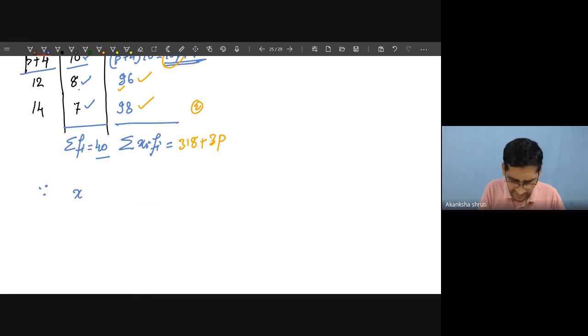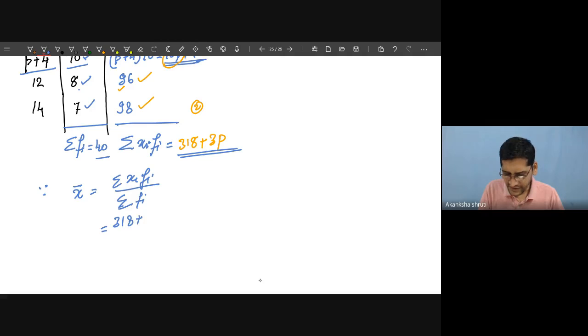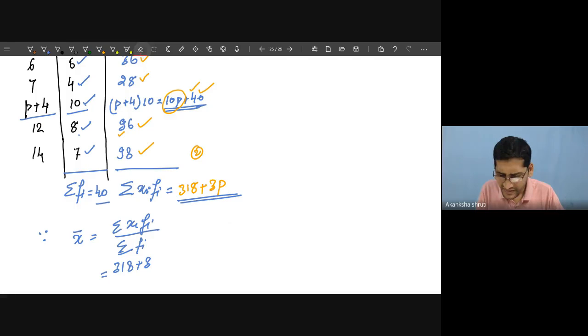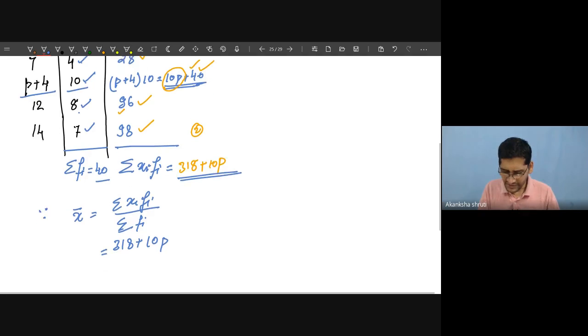Since mean is summation of xi fi divided by summation of fi, for this substitute 318 plus 10p, student, or you may write 10p before 318, you will get the same thing, divided by 40.